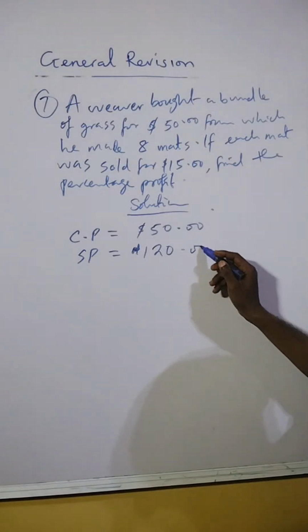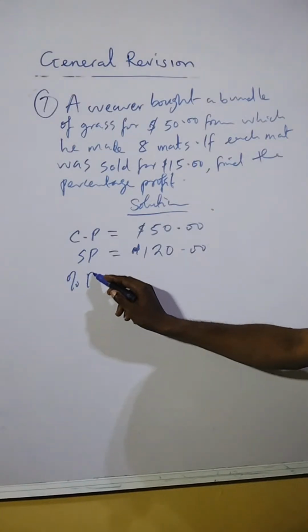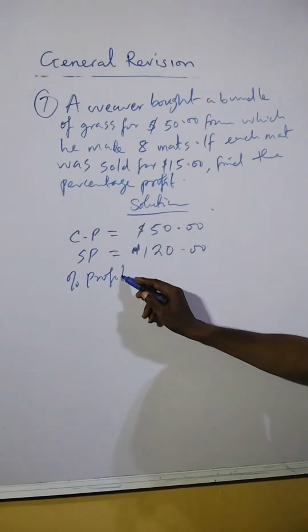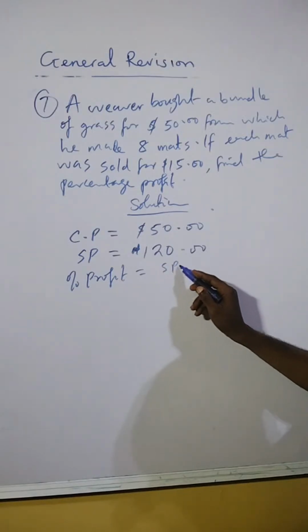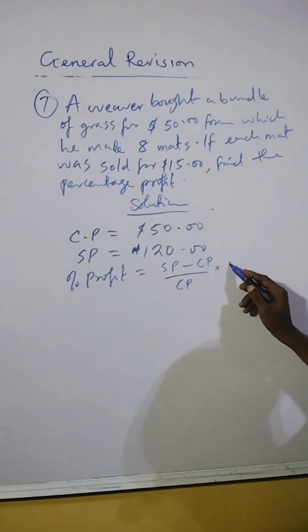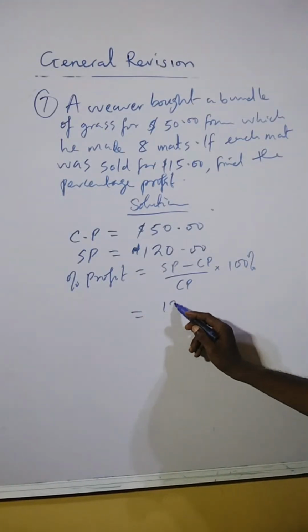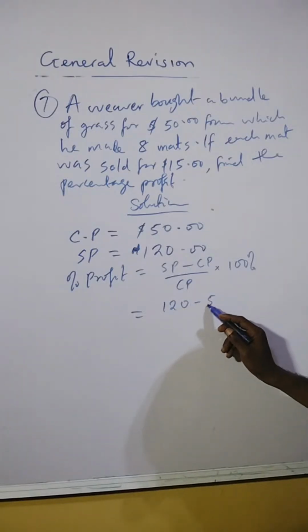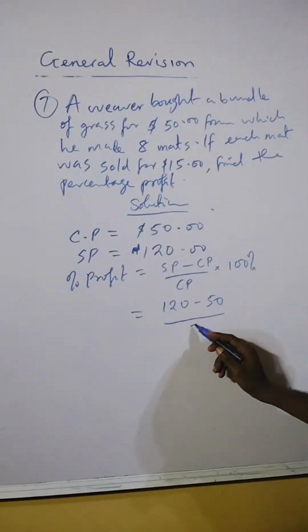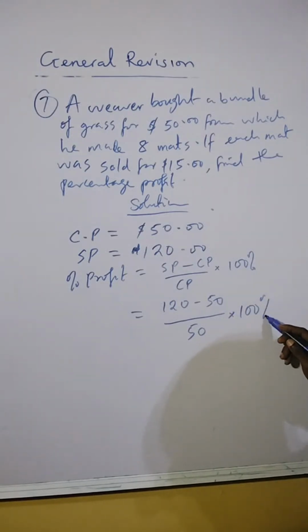Then to find percentage profit, the formula is given as selling price minus cost price over cost price times 100%. Here we have 120 minus 50 over 50 times 100%.